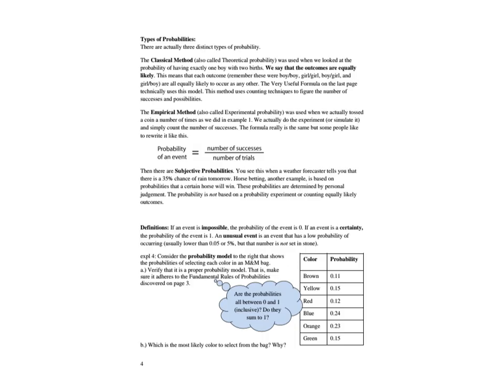Okay. There's 3 types of probability they talk about in the book. This is kind of nice to see. The classical method, also called theoretical probability, was used when we thought about the probability of having exactly 1 boy with 2 births, right? The outcomes are all equally likely, and that's really important in this method. And you basically just count up the number of successes and number of possibilities, right? To use that very useful formula and figure out your probabilities from there.